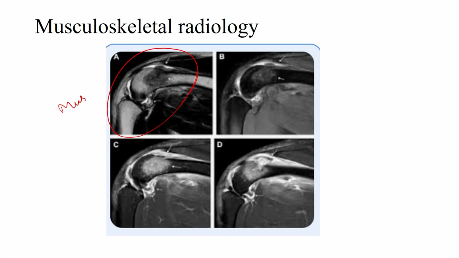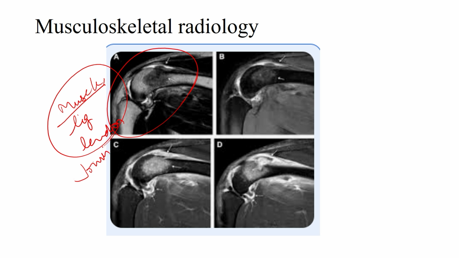Musculoskeletal radiology, as the name suggests, deals with the muscles and all the ligaments and tendons associated with the joints. As you can see in this picture, one joint has been depicted. It is a femorotibial joint, which we also call a diarthrodial joint.